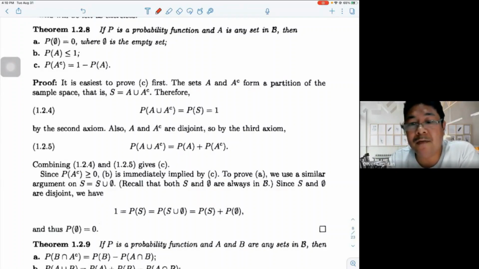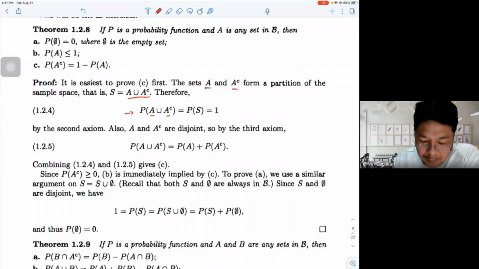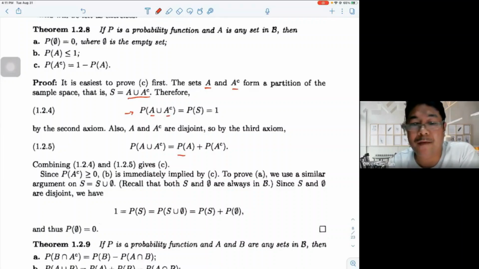At the same time, if we take the union of these, it is equal to S. That is why A and its complement form a partition of the sample space S. So S is the union of A and its complement. Since the probability of the sample space is equal to 1, based on our definition of a probability function, and using the third axiom, since these two events are disjoint, the probability of the union of A and the complement of A is equal to the summation of the probability of A and the probability of A complement.